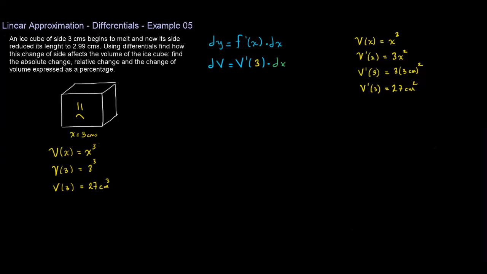Now let's jump to dx. dx would be equal to the final length of the side minus the initial one. That is to say, 2.99 centimeters minus 3 centimeters. So dx will be equal to negative 0.01 centimeters.